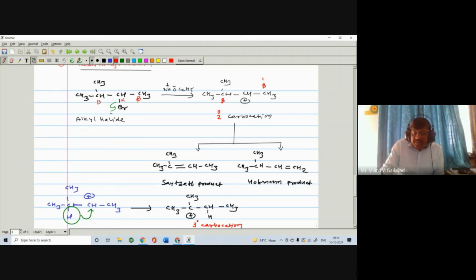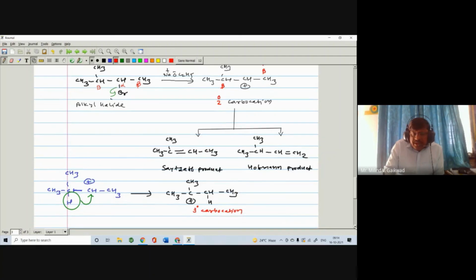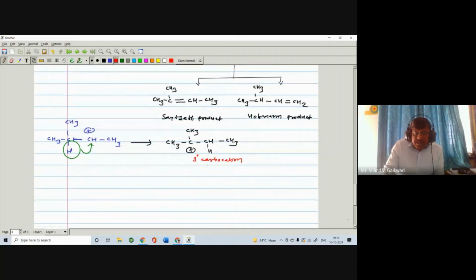Then this tertiary carbocation further undergoes elimination, and there is formation of the corresponding product. Here an H minus shift takes place; it undergoes a rearrangement.